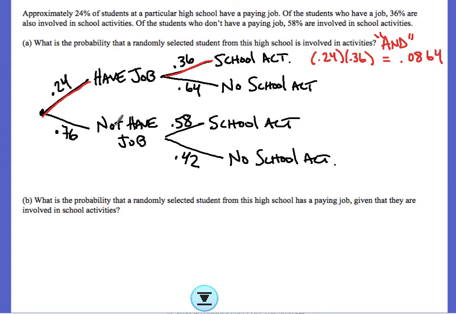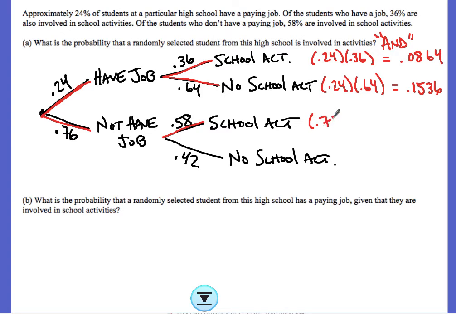Okay, now I could find the probability of having a job and not having a school activity. That would be 0.24 times 0.64, and that's going to give me 0.1536. I could find the probability of not having a job and being in school activities.